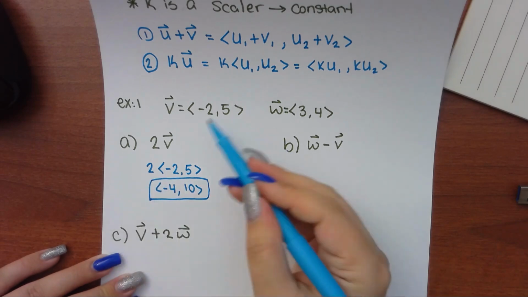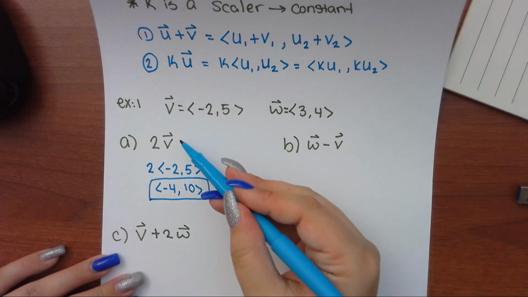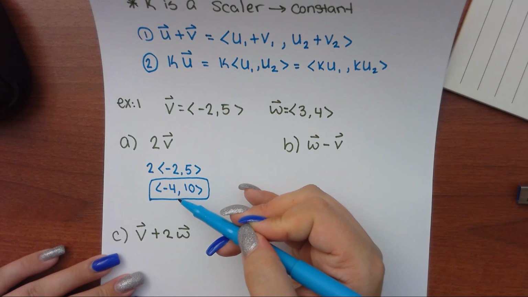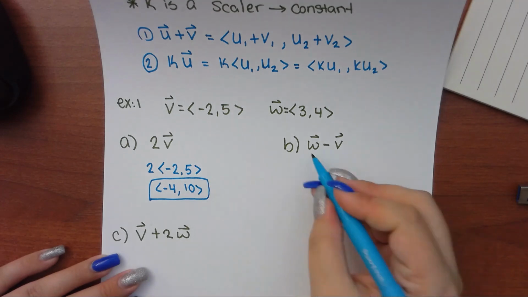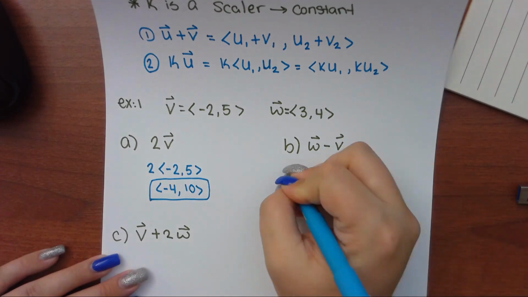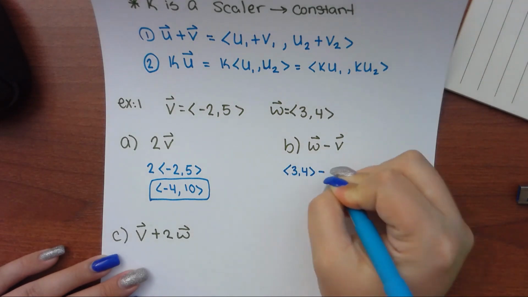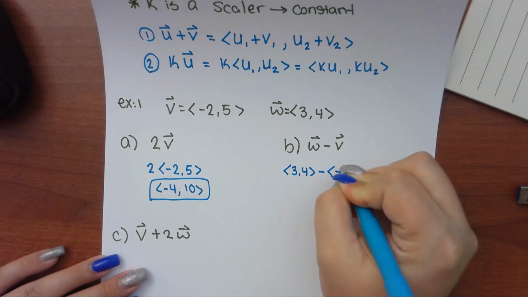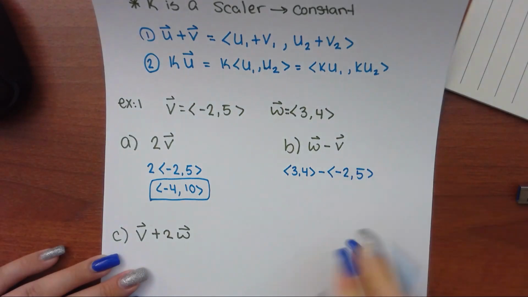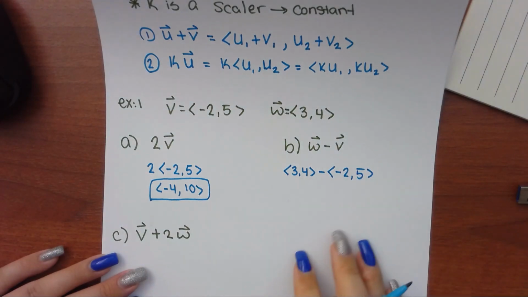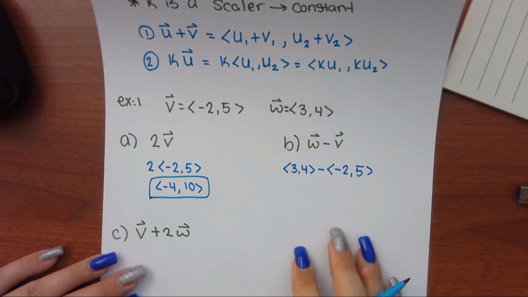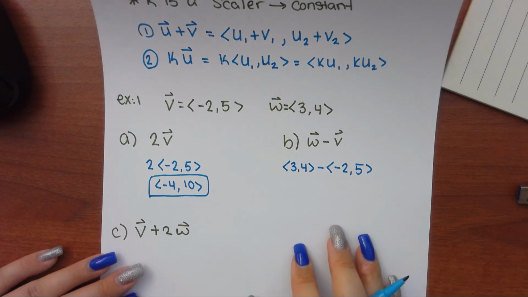So what they're asking you to do there, that notation, that would be my answer and I would be finished. w minus v would be taking w, which is 3, 4, and subtracting v, which is negative 2, 5. Now, the way I would subtract this is I would subtract the x's and I would subtract the y's, but without taking it out of the brackets.